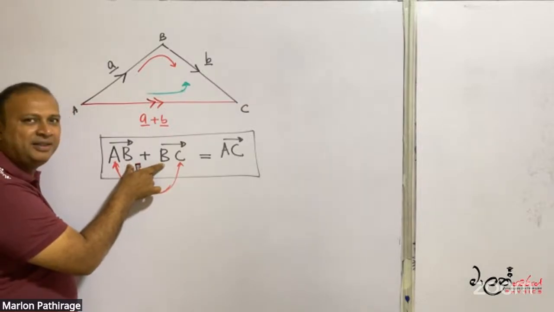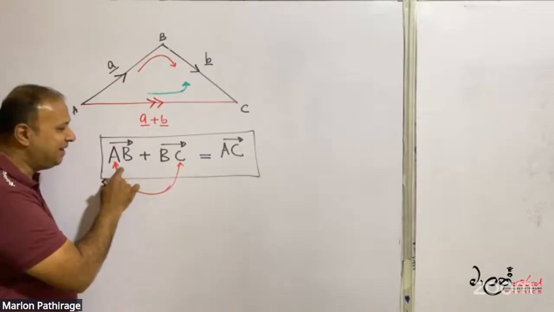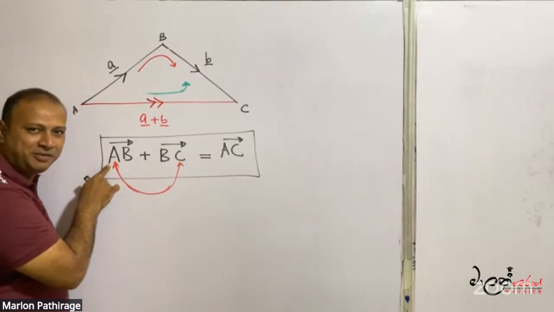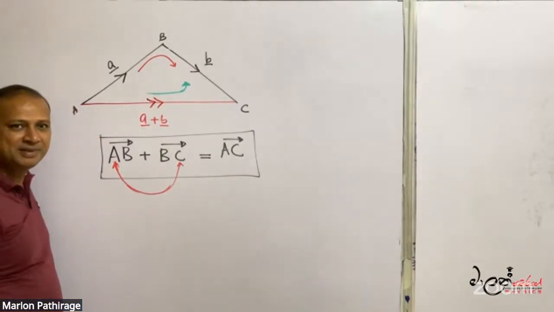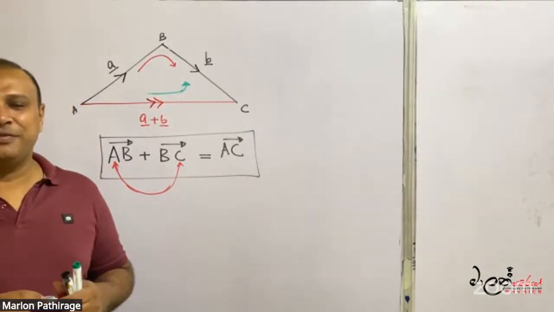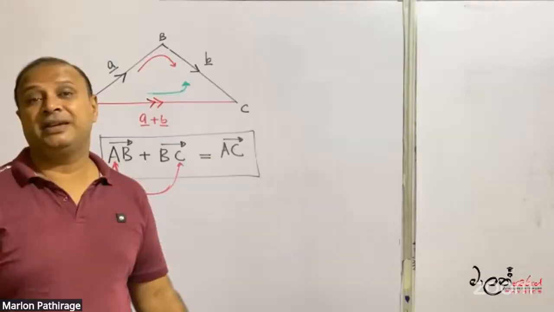These two are equal. Therefore, AB plus BC is equal to AC. AC means the starting point of the first vector and the end point of the second vector. B is missing.